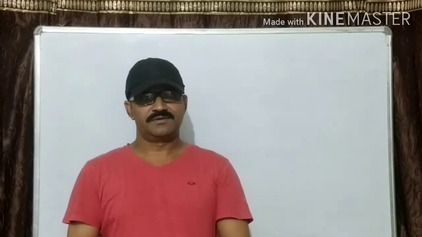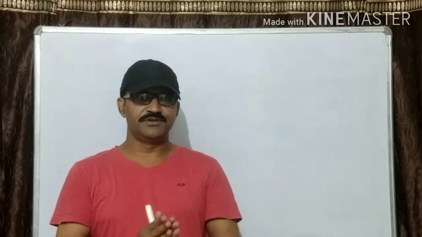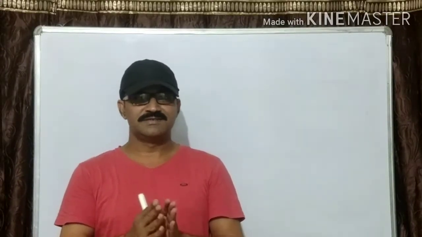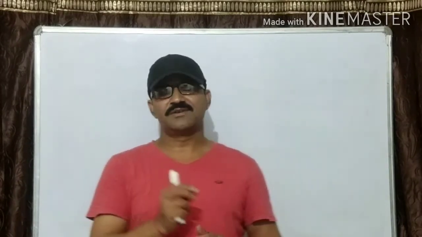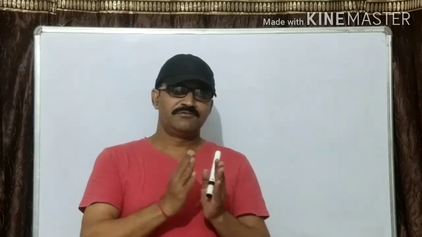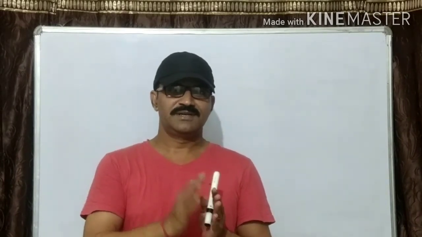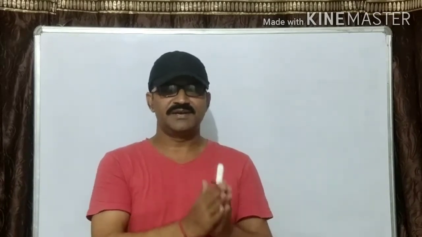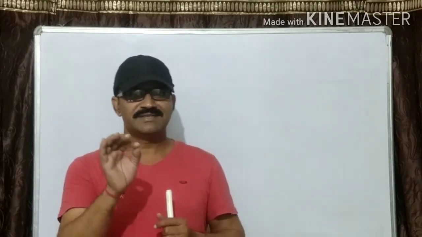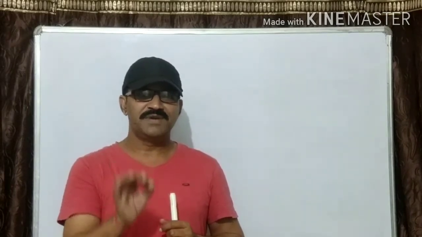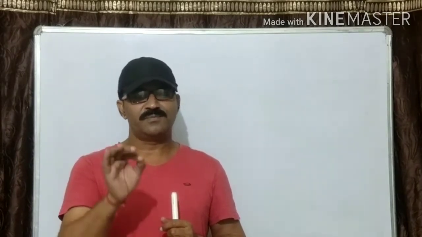Good afternoon, everyone. In the previous video, we were discussing separation of substances. We discussed that substances are of two types: pure substance and mixture. Pure substances are made up of only one kind of particles.